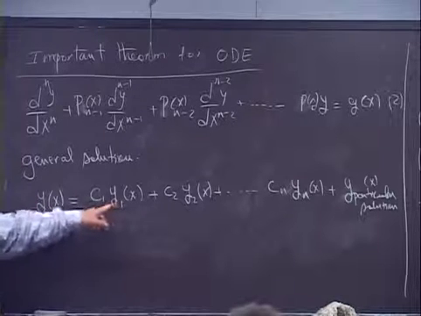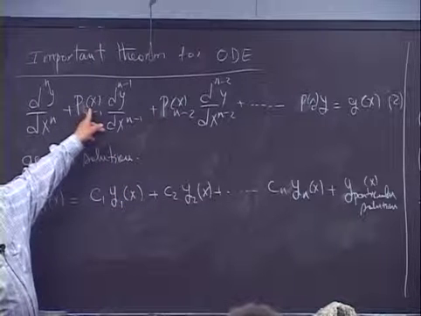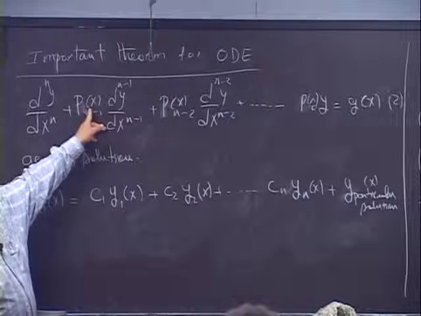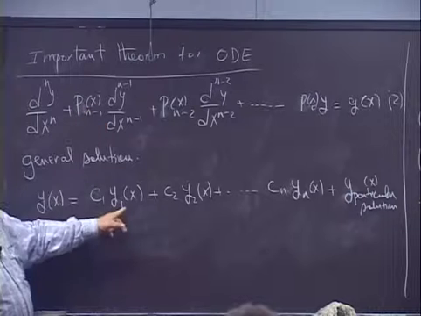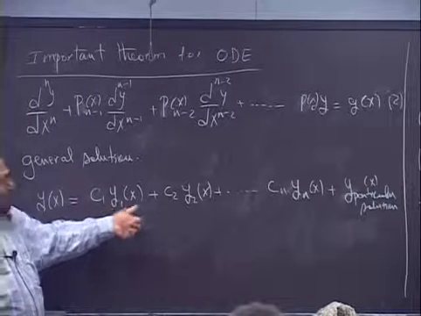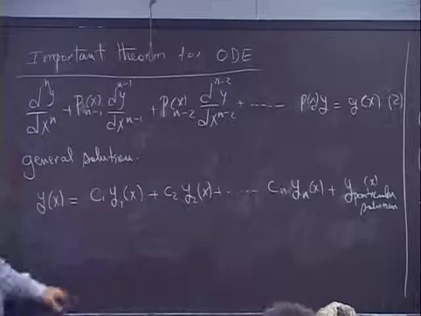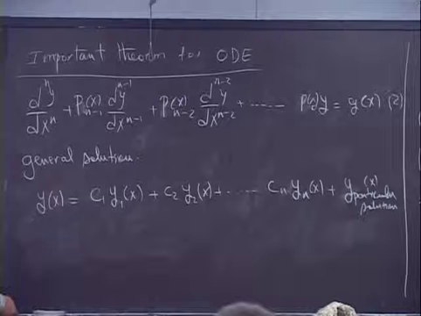So if you plug your y1 solution here in the general form of the nth order differential equation, what will you obtain? y1 or y2 or up to yn, what will you obtain? 0. Yes.